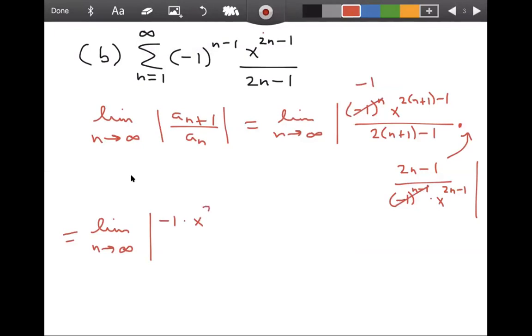So that's 2n plus 1 over 2n plus 1. And then times 2n minus 1 over x to the 2n minus 1. All right, so now x to the 2n plus 1 divided by x to the 2n minus 1 leaves an x squared.